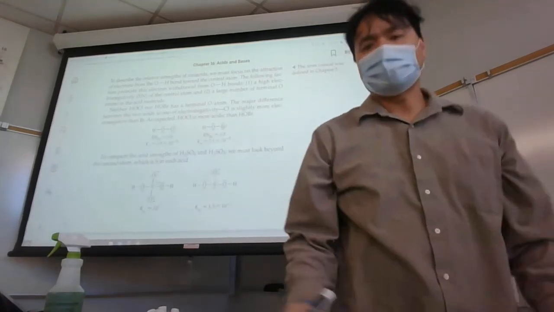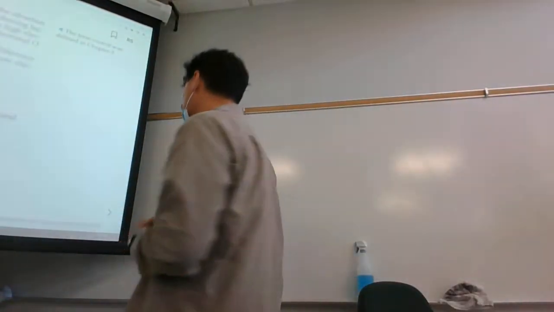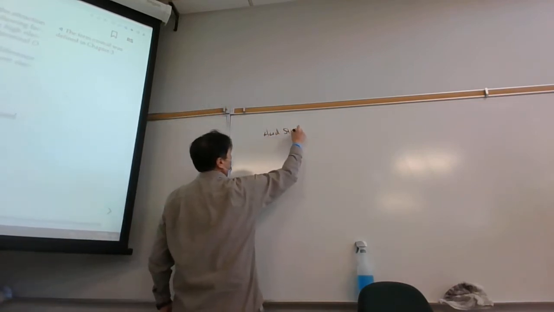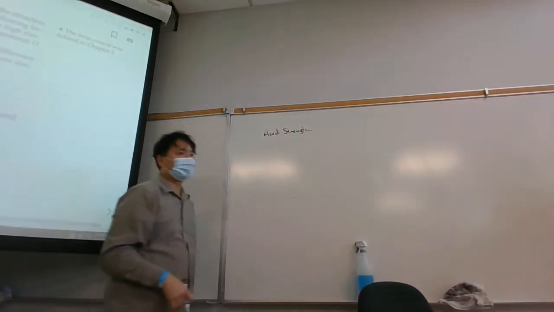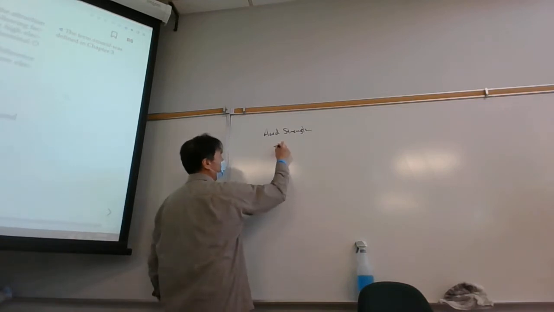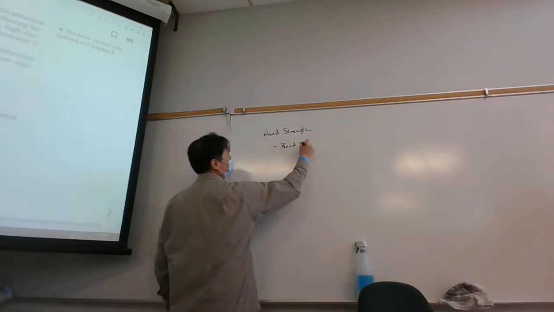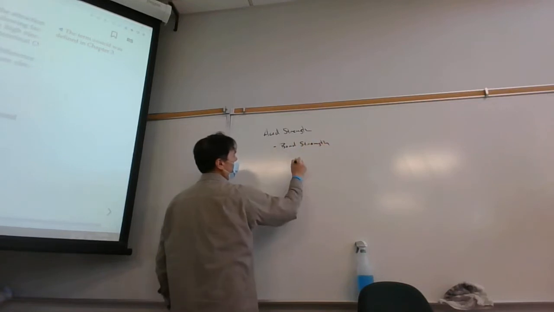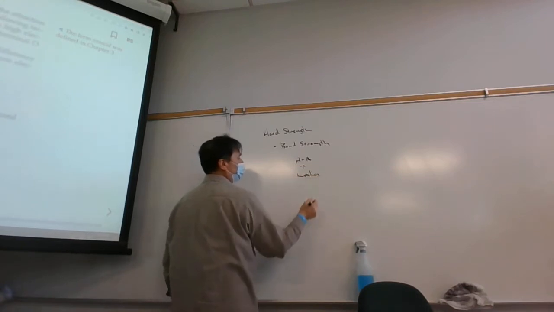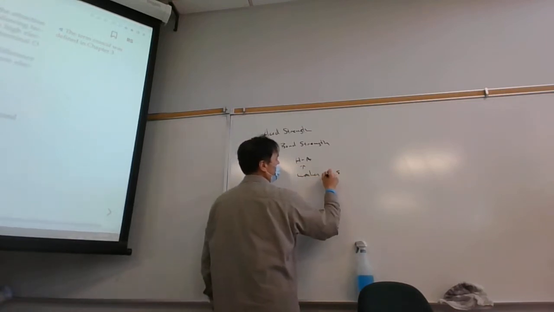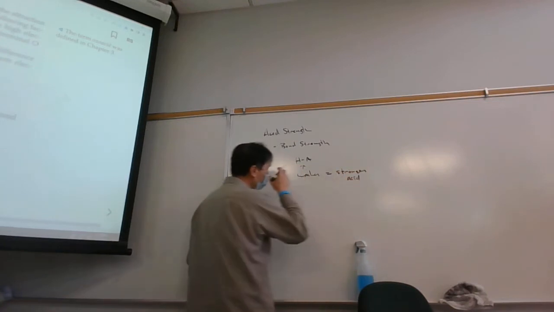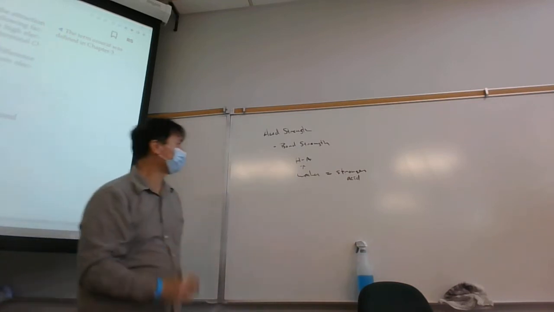And so acid strength depends on 3 things, and it depends on what the acid is. We might look at just one of them or all 3 of them. And so acid strength depends on the bond strength, the H-A bond strength. The weaker the bond, the stronger the acid, since it's easier to break off the H plus.